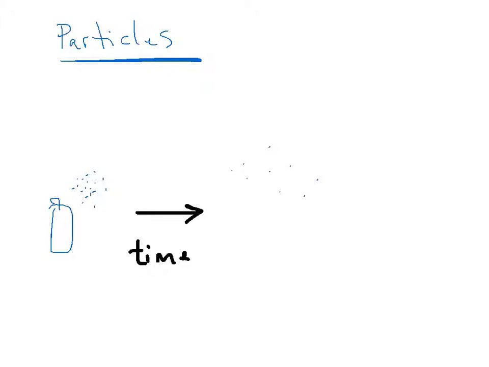And again we said, well, if we continue to wait, over time what will eventually happen to the particles that came out of the canister? And again you guys established the fact that if we were to wait, the particles would be filling the room and all students would smell the spray.